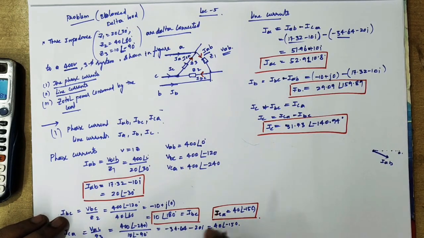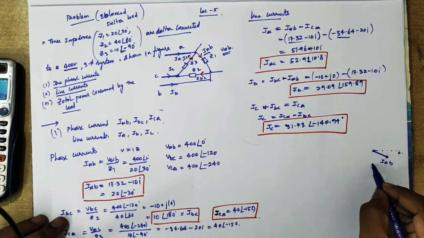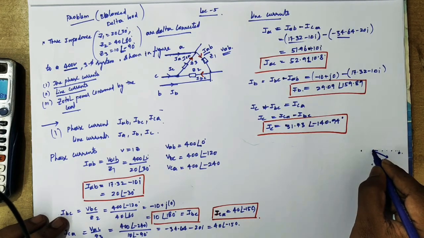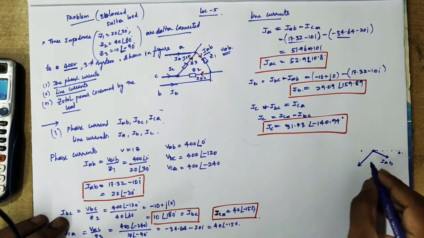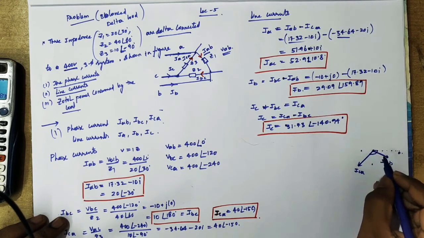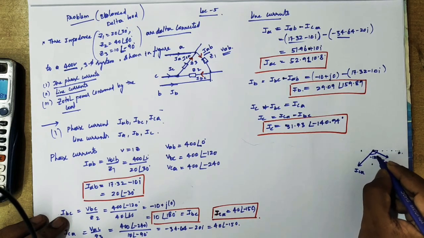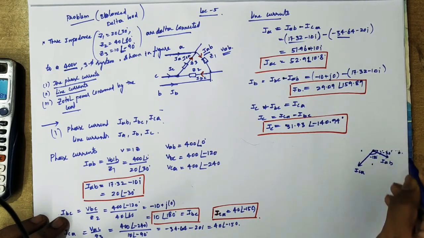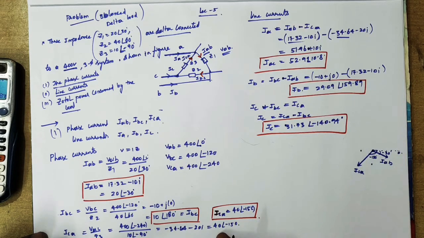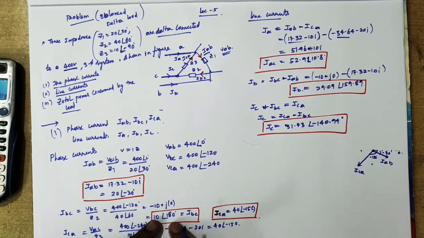Now what about ICA? ICA is 40 at an angle of minus 150 degrees. So this is 90 degrees, this is 180 degrees. This 40 is greater than IAB. So this is ICA. This is minus 150 degrees, and this is minus 30 degrees. And IBC equal to 10 at an angle of 180 degrees, right?